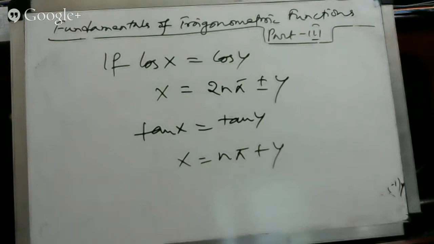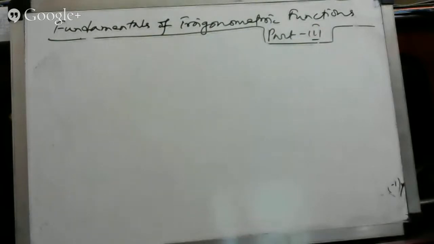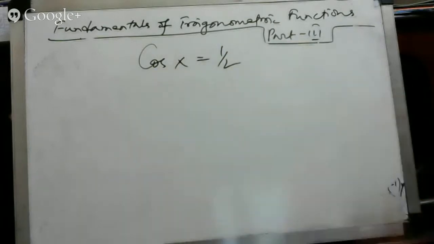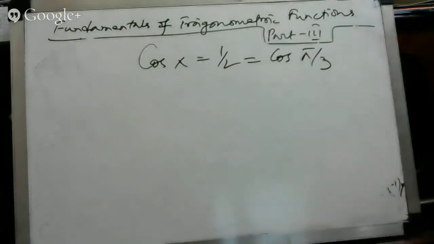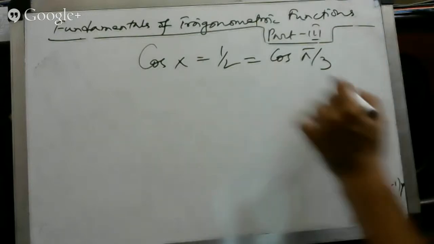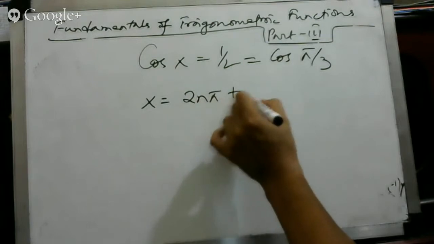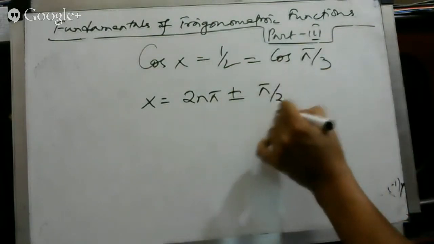So how do you use this? The way it can be used, for example, if you are given cos x is equal to half. Cos x is equal to half means this is equal to cos of pi by 3. So x is equal to 2n pi plus or minus pi by 3.